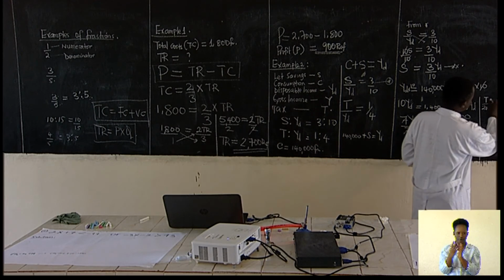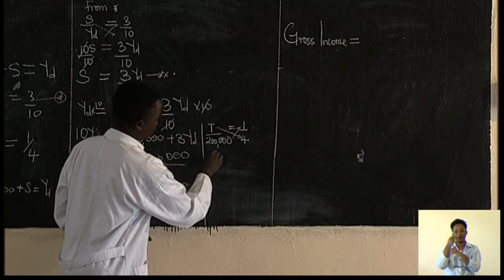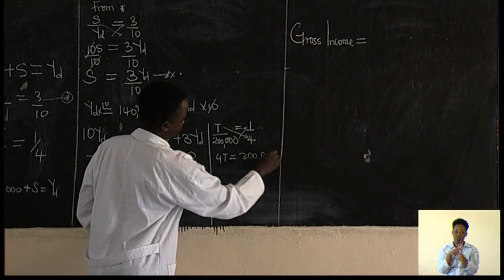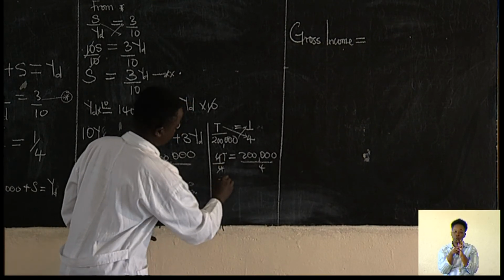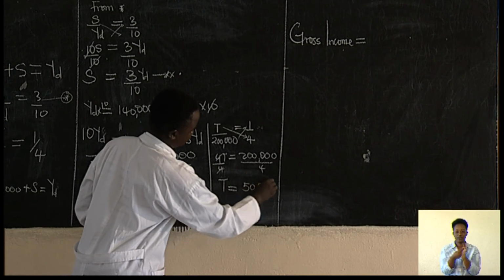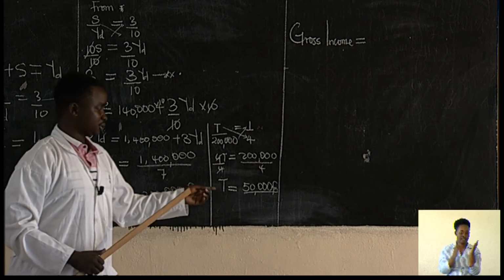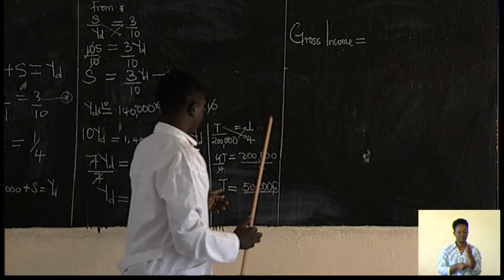Then from this, if you cross multiply, you will be able to get the taxes charged. So 40 is equal to 200, and therefore, when you divide by 4, the taxes here are 50,000. 200 divided by 4 is 50,000.